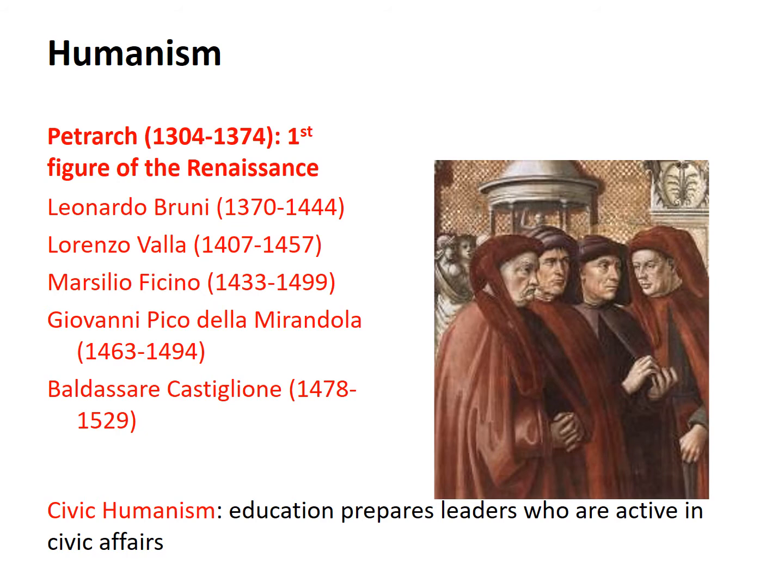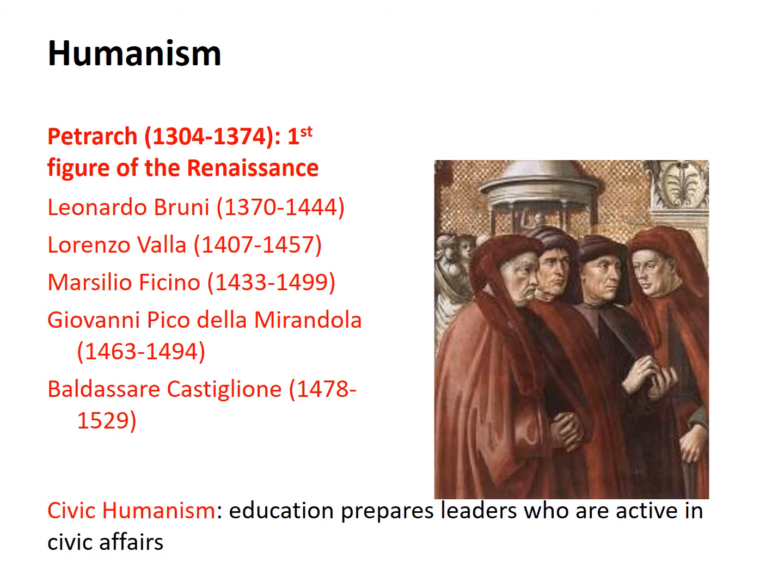Lorenzo Valla, remember, used skepticism, looking back to ancient Latin texts like the Donation of Constantine and showing perhaps it's not real, perhaps it was a forgery. Castiglione wrote The Courtier, the book that became kind of like a handbook for how to be a Renaissance man. These were all very important humanists.